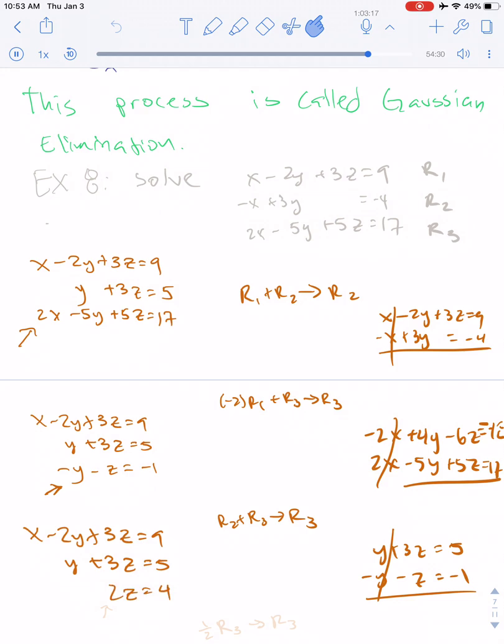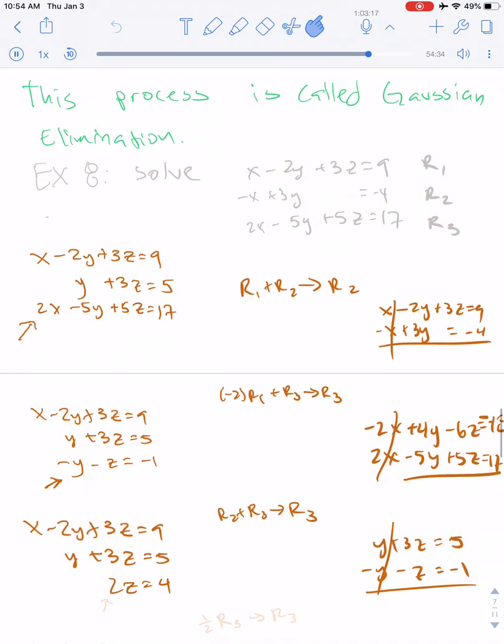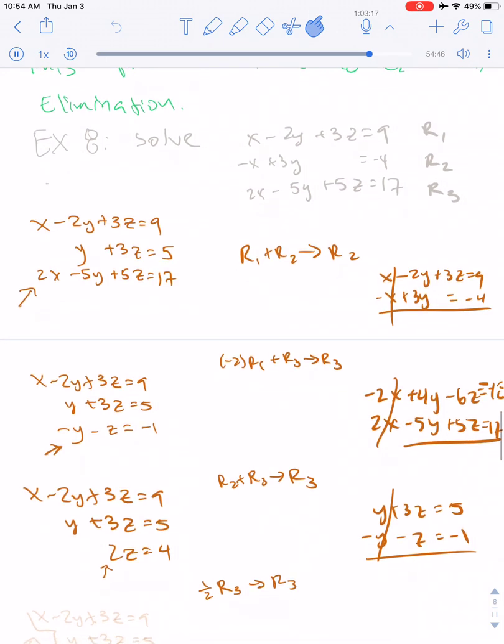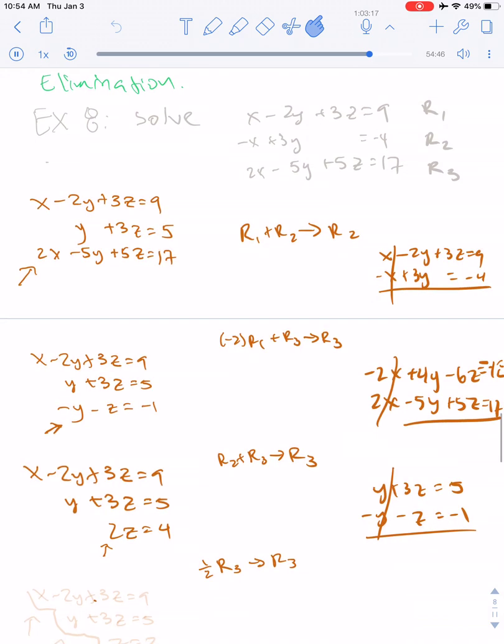2z equals 4. But remember, in row echelon form, we need to have the leading coefficient of 1. So I'm going to divide row 3 by 2, or same thing as multiplying by 1/2, and changing that to my new row 3.